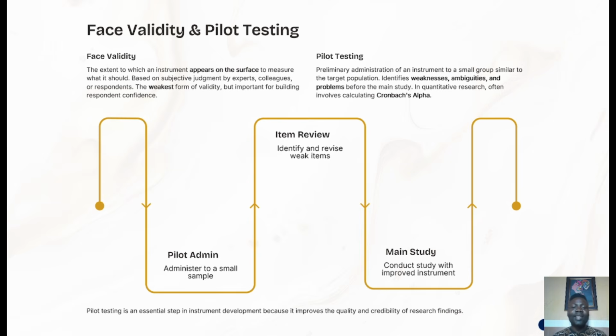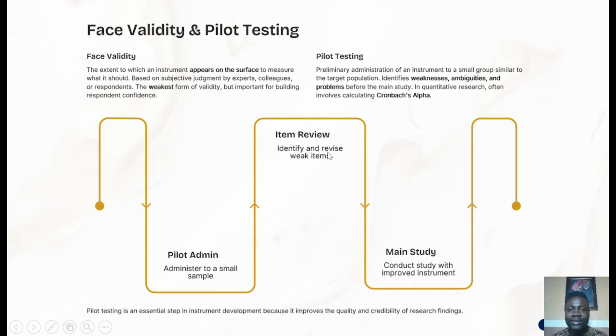So after you have done pilot testing, administering it to a small sample that will not be part of your real sample, but they are in a population similar to the population that you want to administer the test to, you can now do an item review.